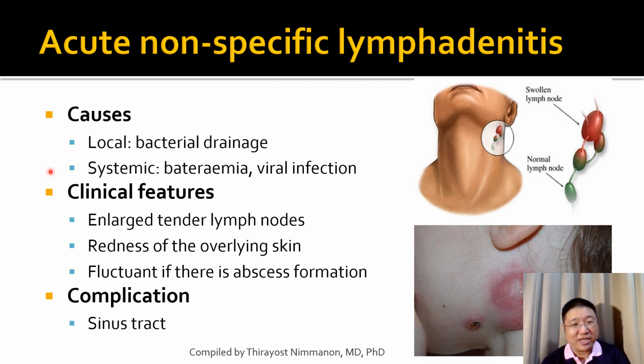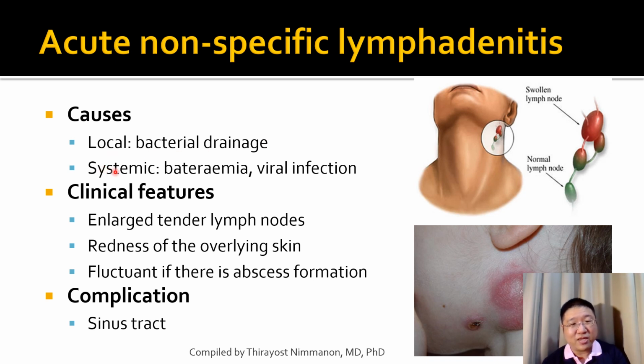The lymph node is swollen, is bigger, and we may be able to observe signs of inflammation. As you have learned already, the signs of inflammation include pain, swelling, redness and heat, and also loss of function.